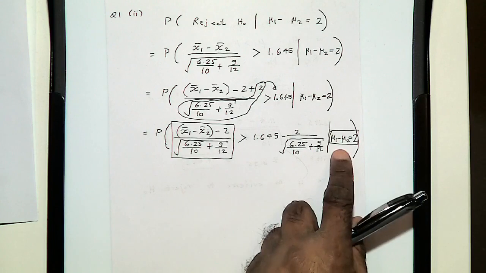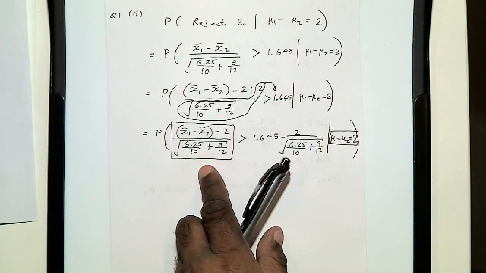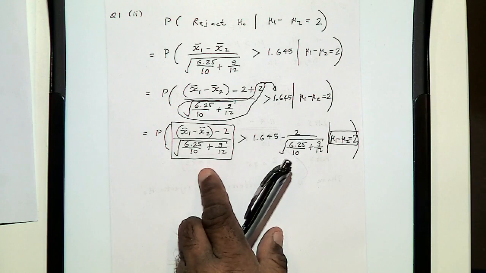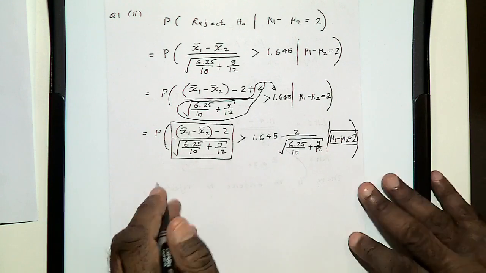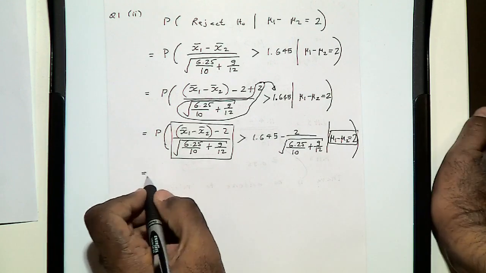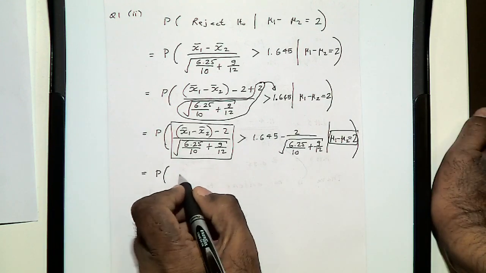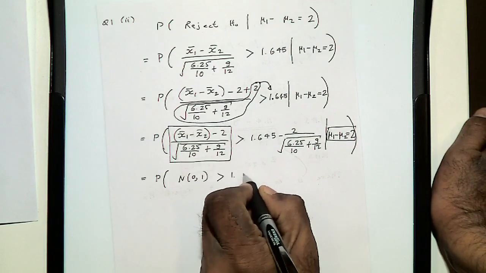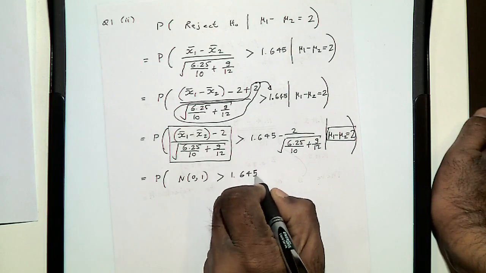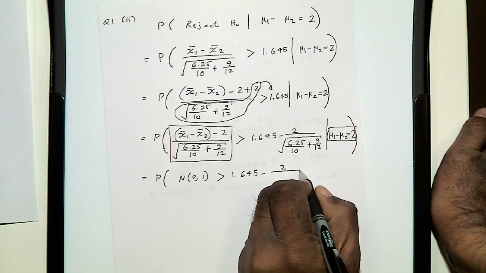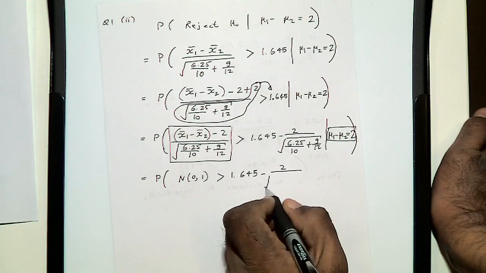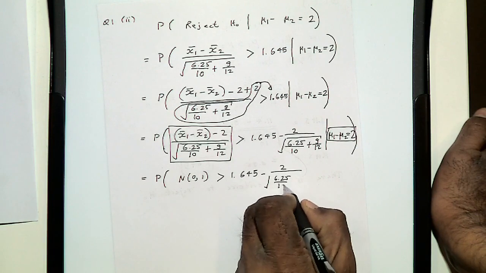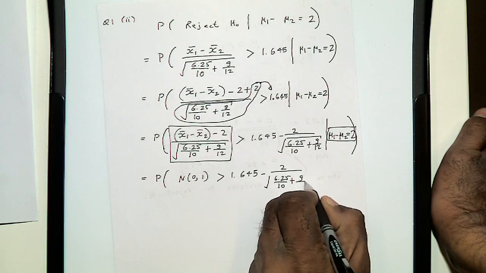So you can write this as N(0,1) greater than 1.645 take away 2, divided by the square root of 6.25 divided by 10 plus 9 divided by 12.